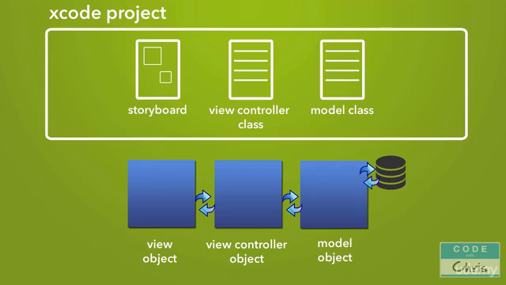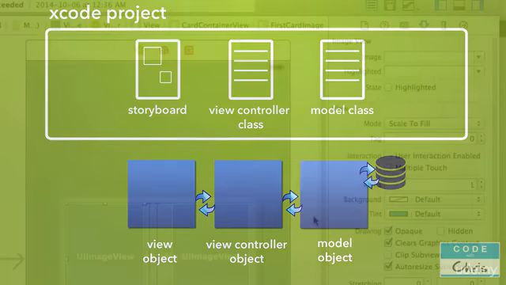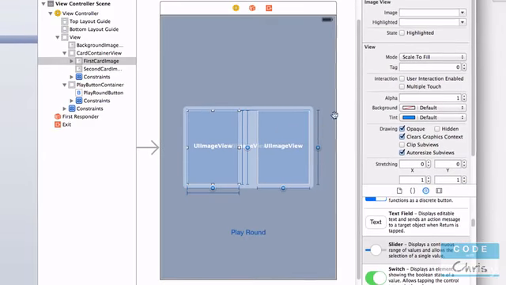And you know what? You can actually forego the storyboard later when you get more familiar and more advanced with things. You can forego the storyboard completely, and you can use Swift code to create all of these objects and add them to the view instead of describing it with a storyboard.